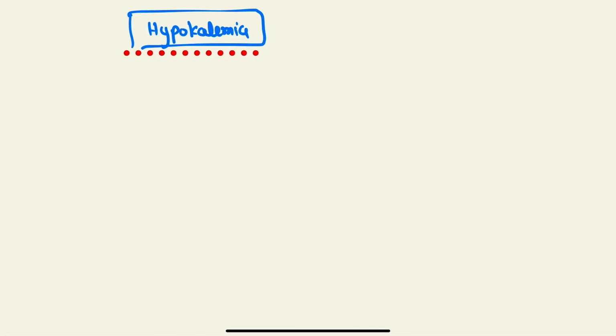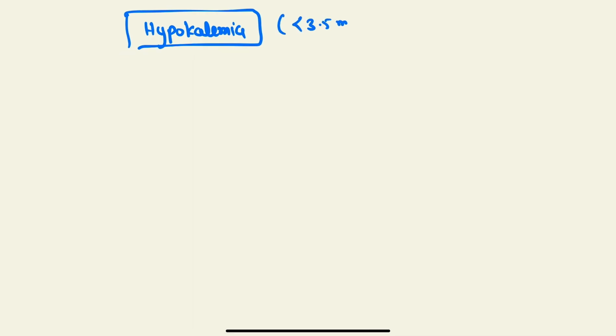So in this video, we are going to talk about hypokalemia. Hypokalemia is defined by a serum level of less than 3.5 milliequivalents per liter.